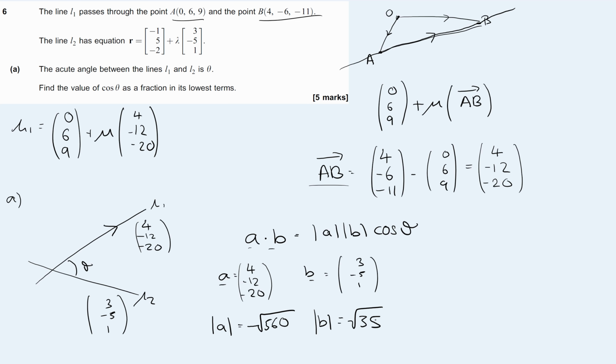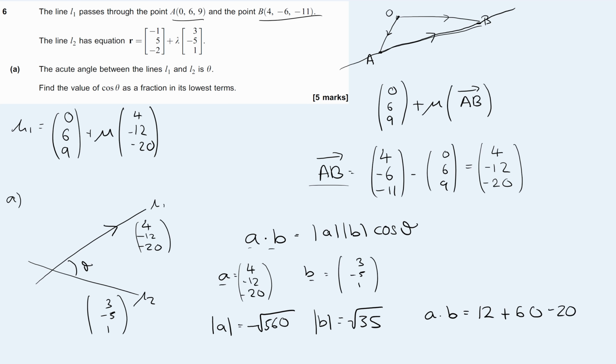Dot product, if you remember, A dot B. This is where we multiply across each of the values and add them together. So multiplying them across, I've got 4 times 3, which is 12, plus minus 12 times minus 5, which is 60, and then plus minus 20 times 1, which is going to give me minus 20.